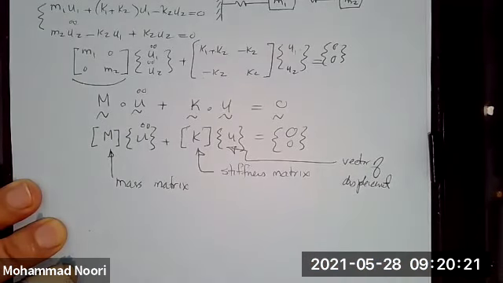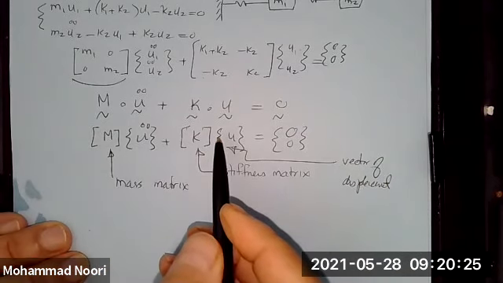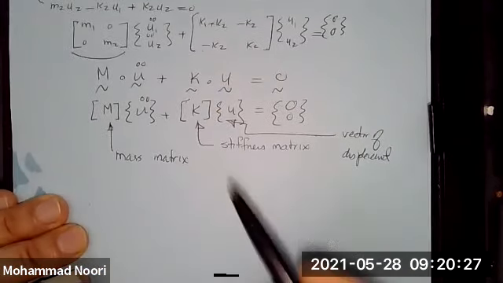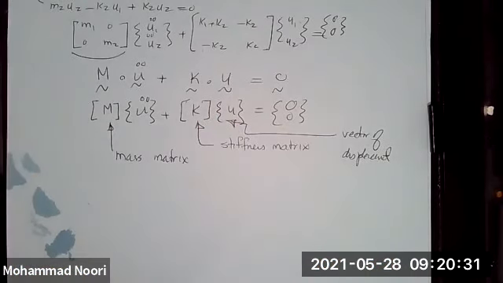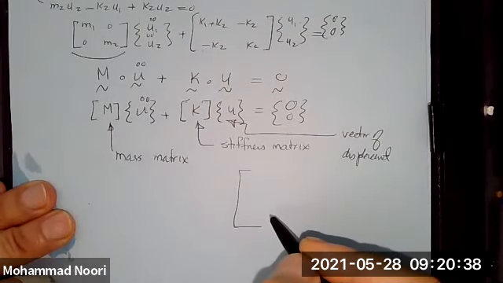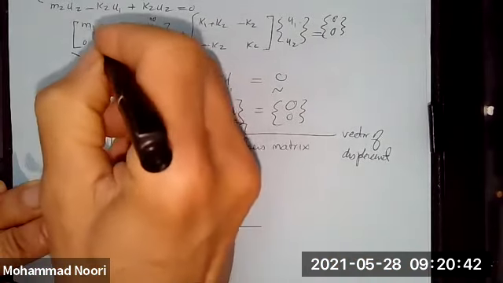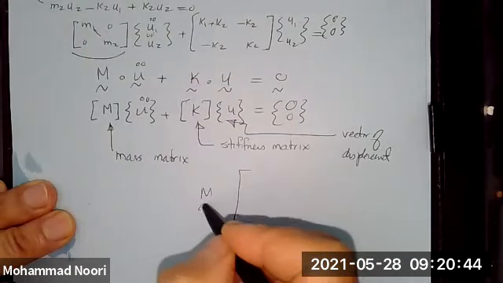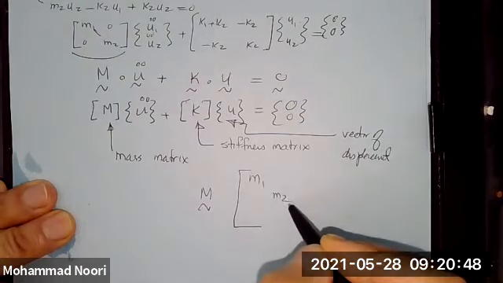Okay. This is the general form for multi-degree of freedom systems. In other words, if you had, for instance, a 3-degree of freedom system, the same properties, the same things that I'm writing here would hold. For instance, your mass matrix is always a diagonal matrix. So for an n-degree of freedom system it would look like this.